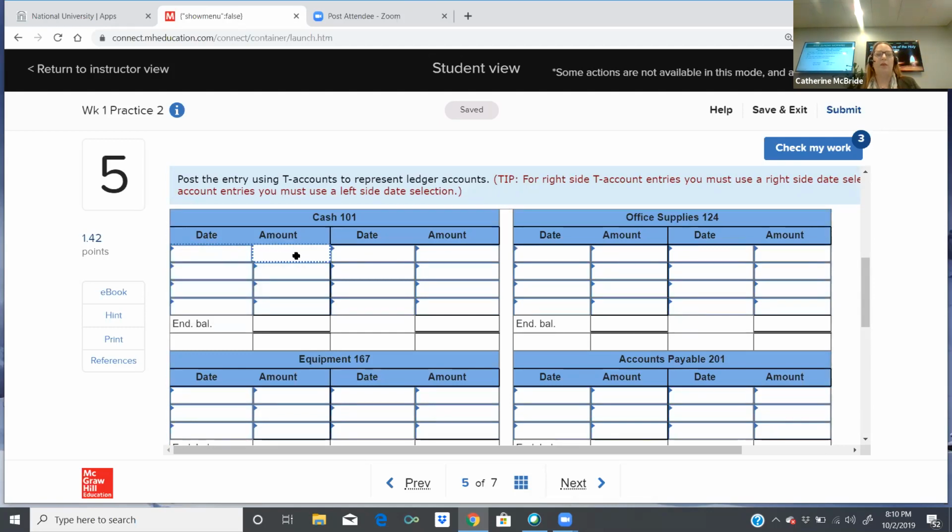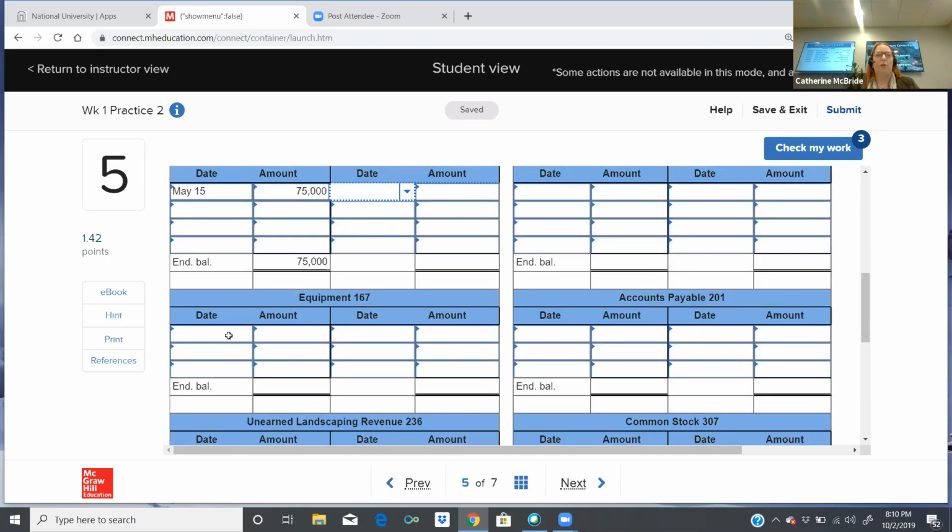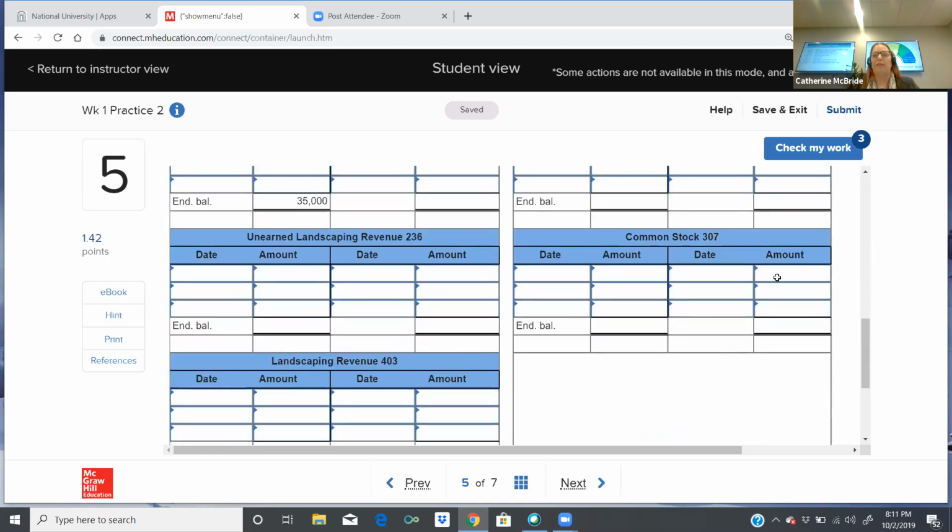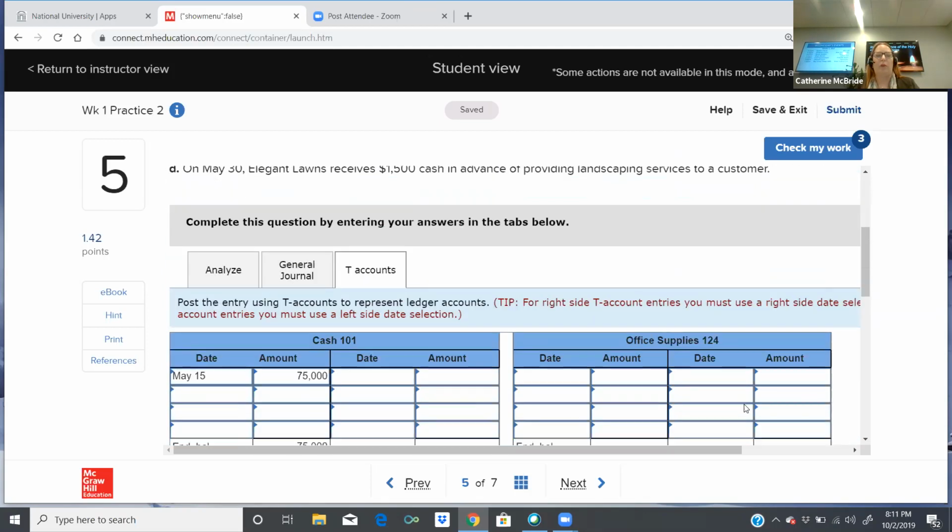On May 15th, we increased cash, we debited it, 75,000. And then we also increased equipment, $35,000. And then we increased common stock, May 15th, $110,000. All right, so now we filled out the T accounts also.